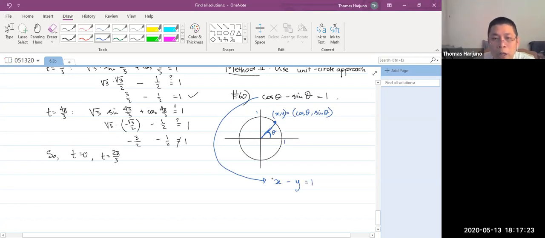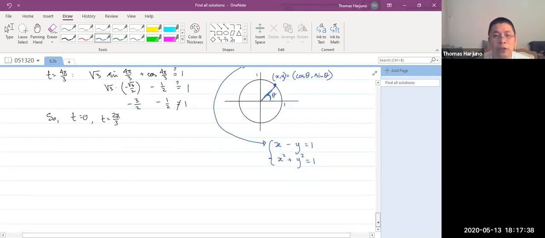Of course, x and y must also satisfy the unit circle equation. So basically I solve that system of equations. From the first equation, I get x equals 1 plus y. Then I plug that into equation 2: (1 plus y) squared plus y squared equals 1.